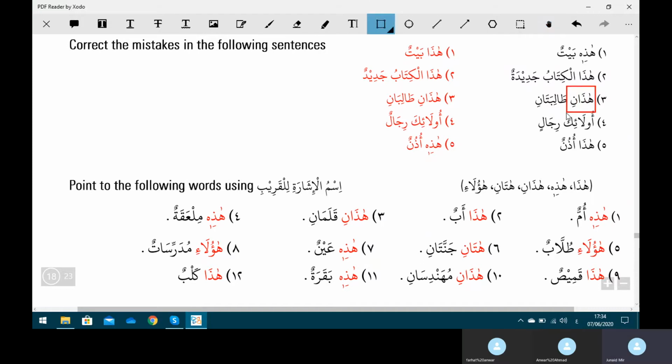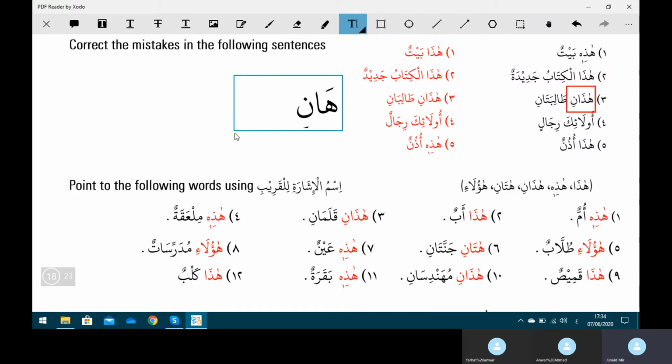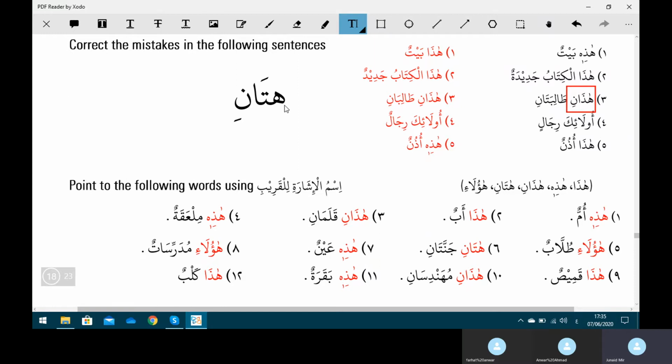So what you could have done was change that one into hatani, which is the female two. Hatani talibatani. But what I've done in this one is I've changed the talibatani into talibani. Talibani means two male students, whereas talibatani means two female students. So hadani is masculine dual, talibani is masculine dual. So either way you could have done it.